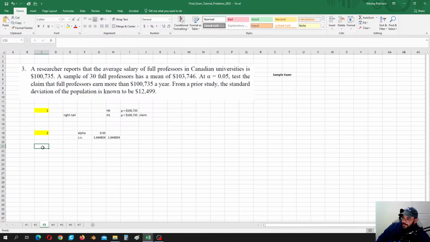Okay, now the third step. We have the critical value and we have our alpha set, so now we calculate the test statistic.